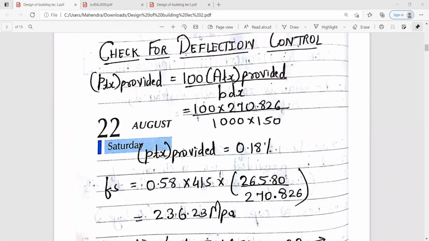Wait, it will come. After calculating the percentage provided and Fs, let me know.